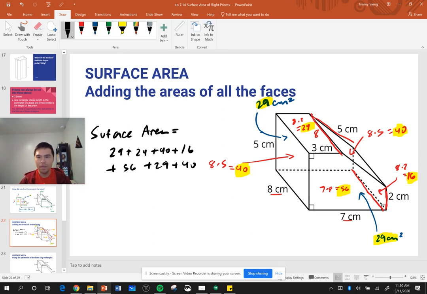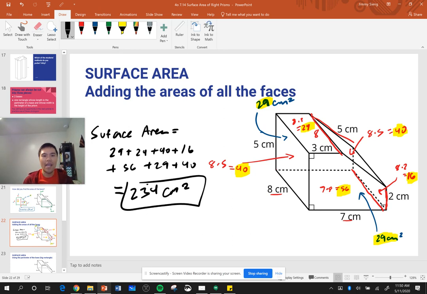You've got two 40s, it looks like. Add those all up and the surface area is going to be 234 centimeters squared. So that is our answer. That is our surface area.